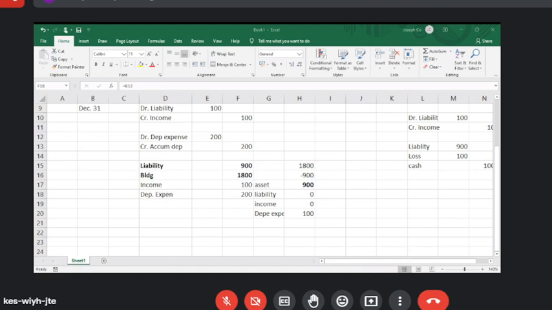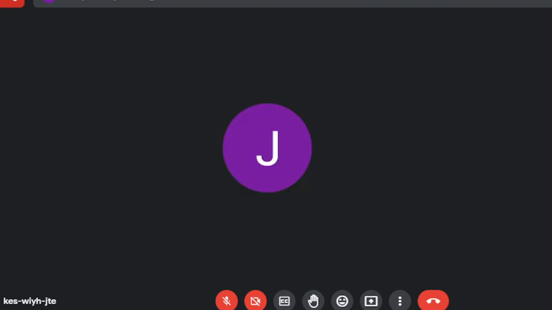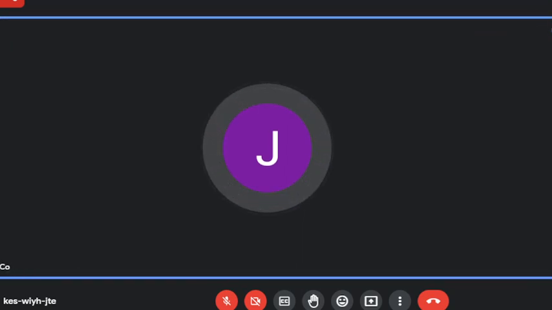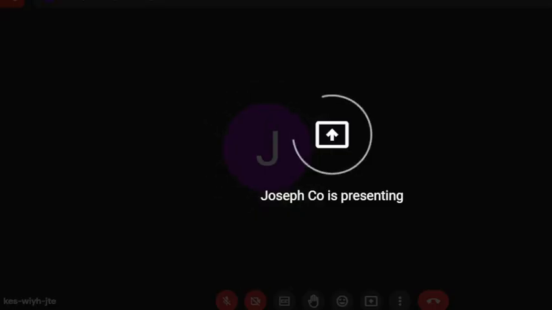Hindi po ba siya under ng government assistance? Hindi. Kasi ano lang ang binigay sa kanya dito, wala naman siya na-receive. Parang consultant lang. Consultation lang, parang advice lang. Wala ka naman na-receive dito. Ano i-debit mo?